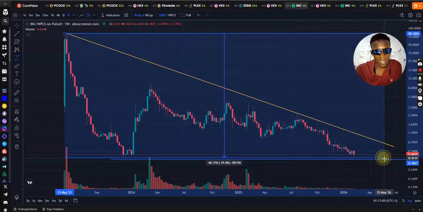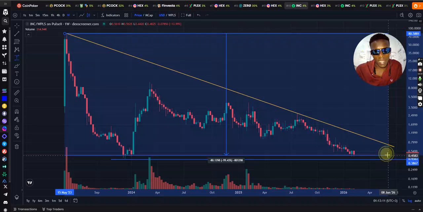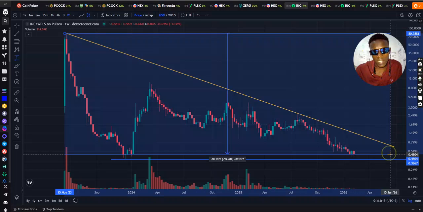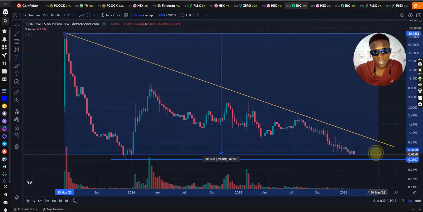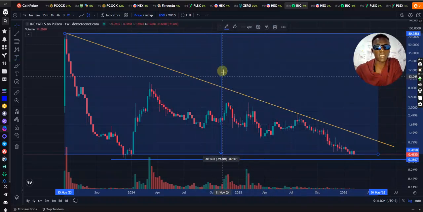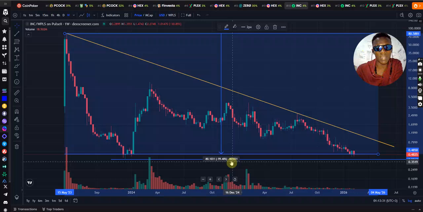You can see it had dropped almost 99.52%, but then currently it is trading at this price here, and it is still at 99.40%. That is the price range from the highest it has ever been up to the lowest it has ever been, almost 100%.